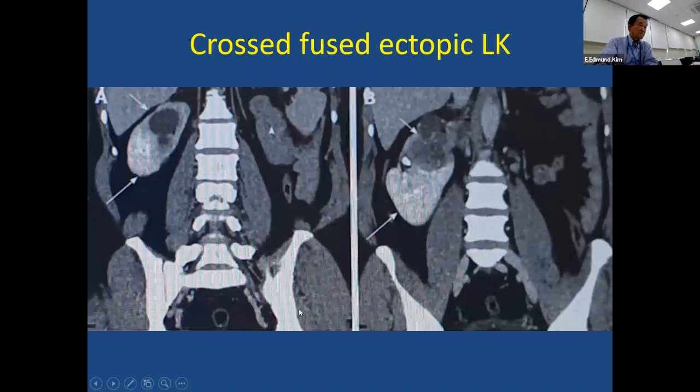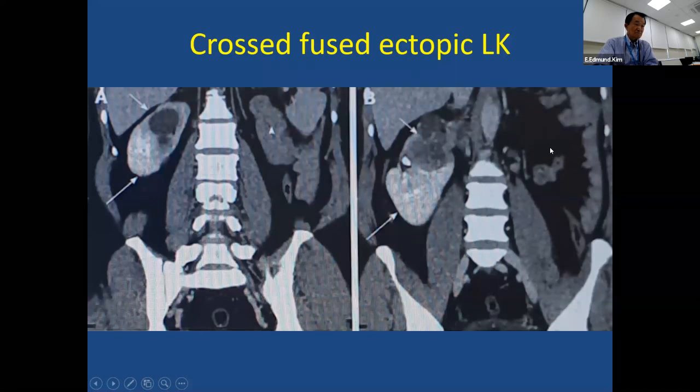And in this one, on the right side, there's a cystic, very well-defined lesion, but here surrounding it there's some ill-defined low density, and you don't see the similar nephrographic phase. You don't see it.